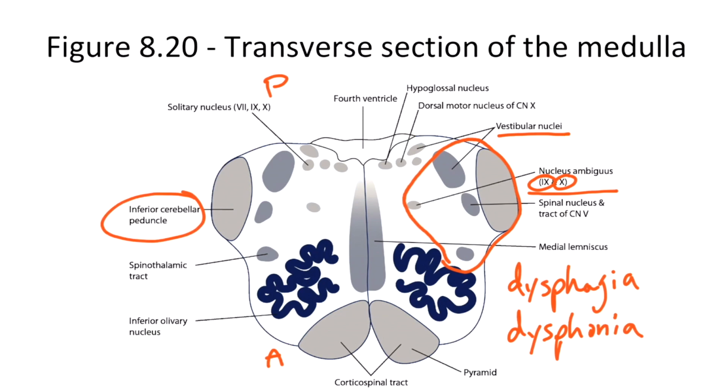From table 8.4 and this image, the patient also could have presented with a number of other symptoms. However, in order to have gotten this question correct, you needed to recall that dysphagia and dysphonia are unique to lateral medullary syndrome. Again, this is due to damage to the nucleus ambiguus.